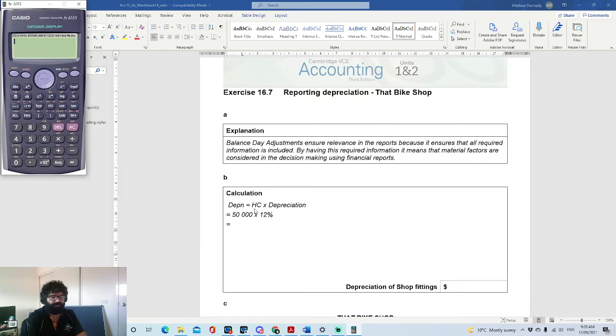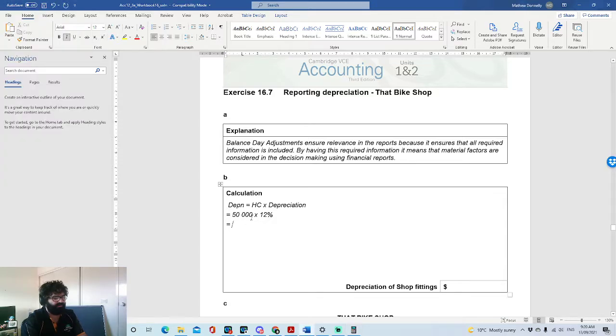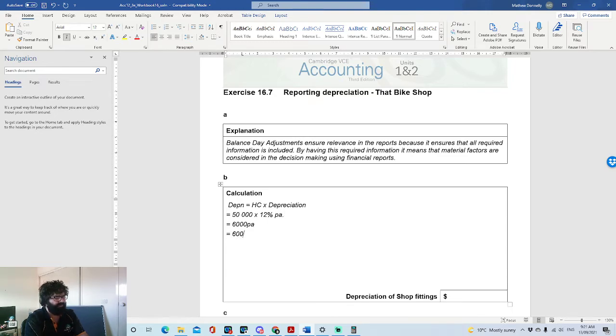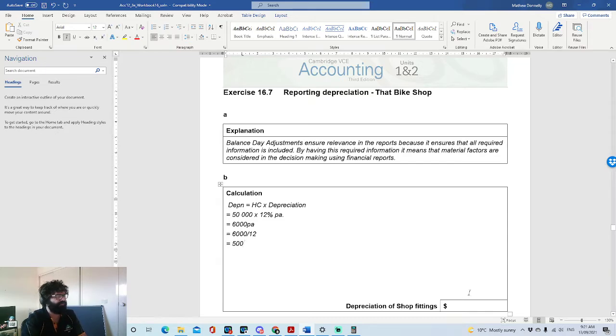And then we go 50,000 multiplied by 0.12, and that gives us a $6,000 amount. Now, that's per annum. So 6,000 divided by 12 is 500.